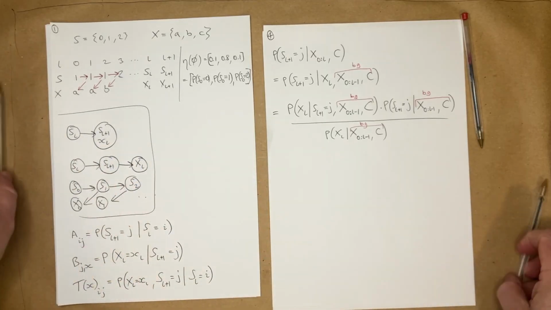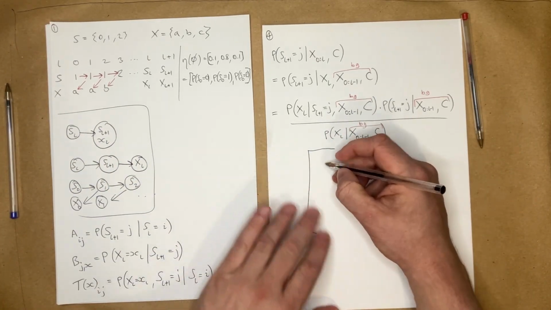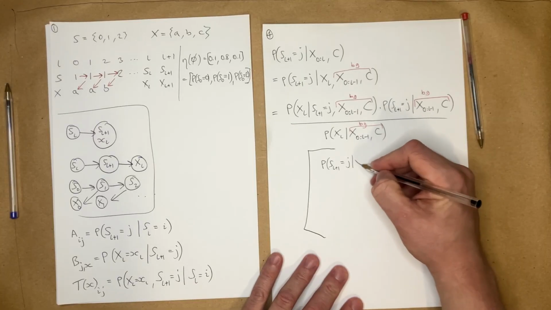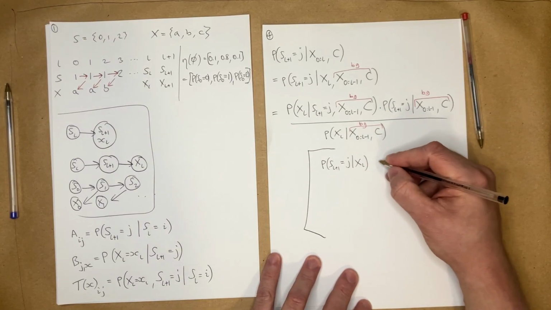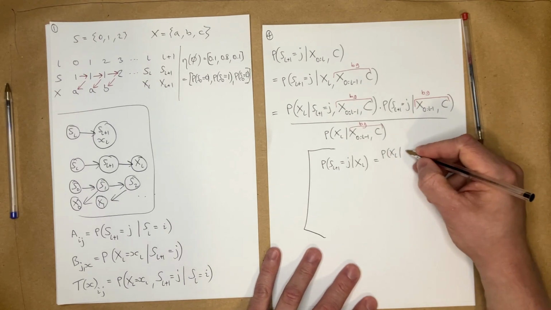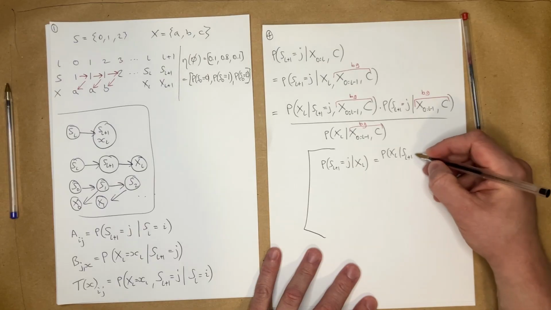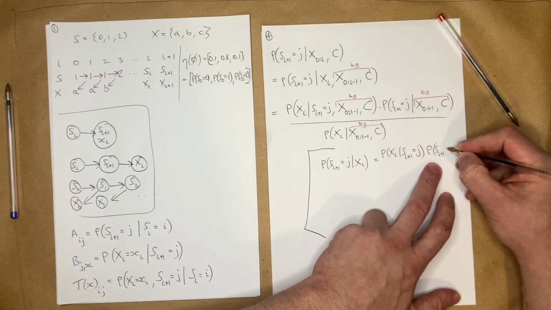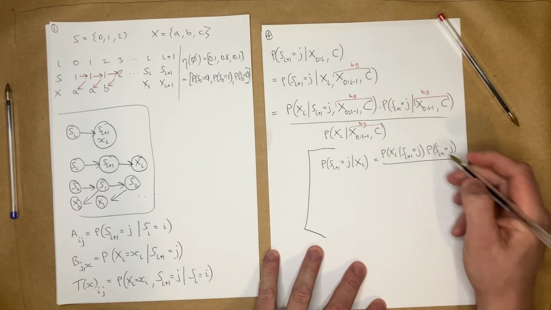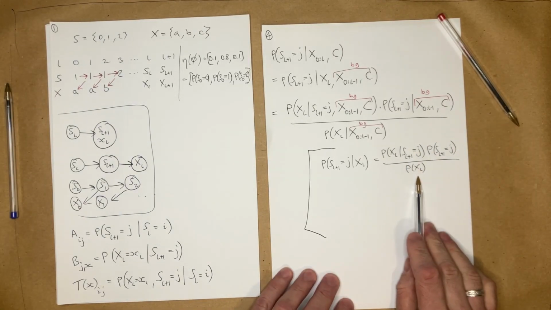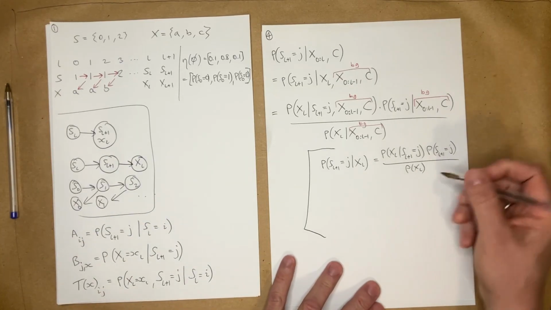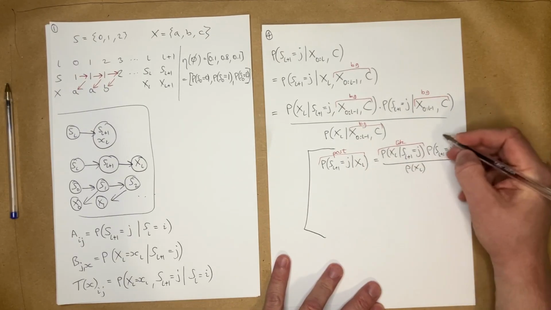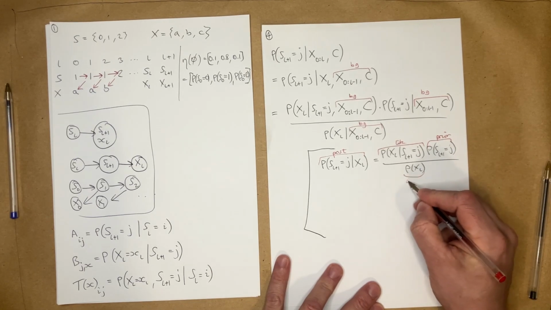So I suppose the way to write this down in a slightly more simple, more friendly textbook form would be to say the probability of S at L plus 1 being equal to J, given the Lth token, which is the one we're interested in, is equal to the probability of getting that token, assuming that the hypothesis is true, that S at L plus 1 does in fact equal J, times the prior probability of that hypothesis being true, S at L plus 1 equals J, divided by the probability of the data, X. So that should look a lot more familiar, where in its textbook form we've got the posterior, the likelihood, prior, and the data.